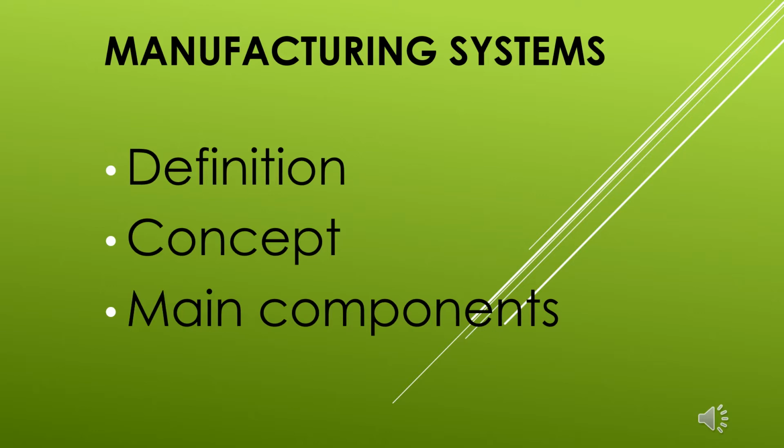The combination of these three activities, that is input, transformation and output, where people are employed to create goods and services, is basically known as a manufacturing system. In a manufacturing system, there are certain independent groups of subsystems.